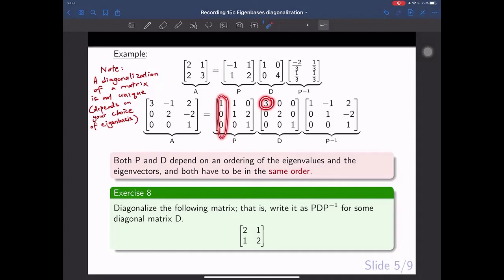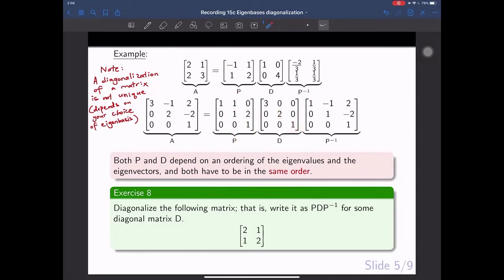So if I want to switch it so that instead of this D, let's say I swap this 1 and 2, then I also have to swap the placement of these two vectors in P. And then, of course, the inverse of the matrix will change as well.